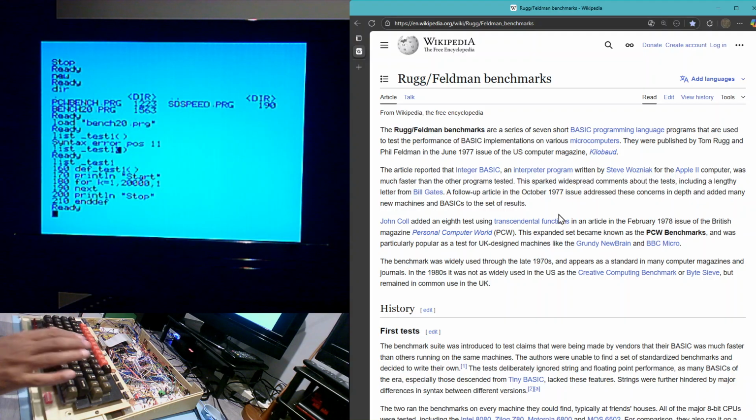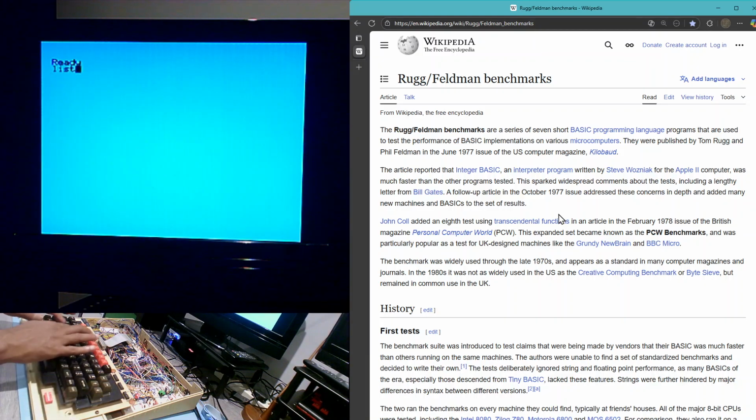Test one, instead of it being from 1 to 1000, I've done the loop 1 to 20,000. So that'll give me a chance to be able to actually react to the start and the stop and do the hand timings with a little bit more accuracy.